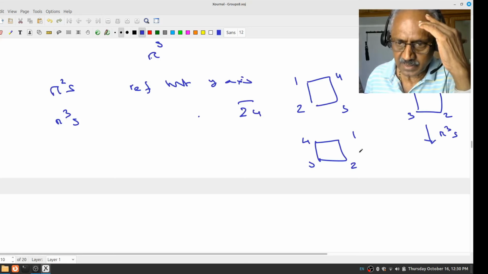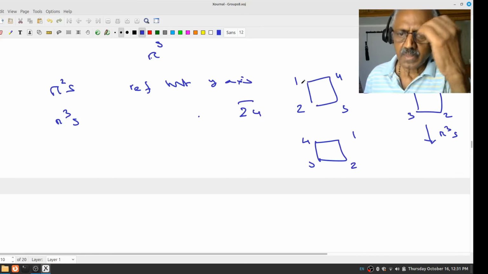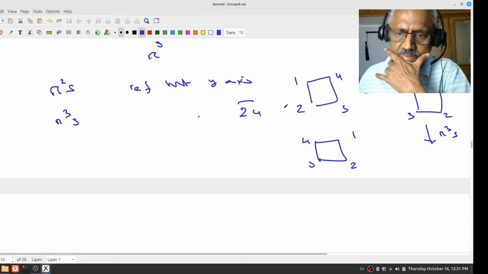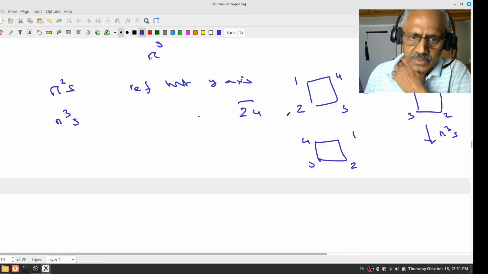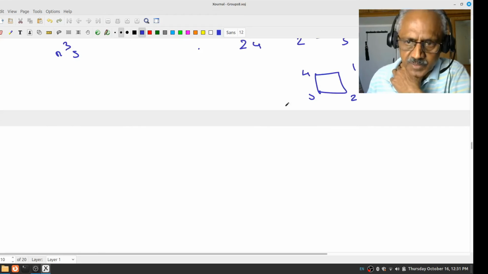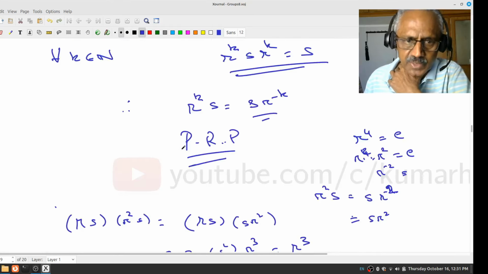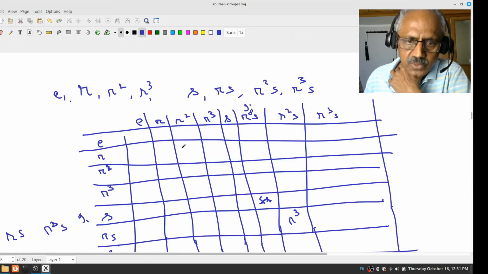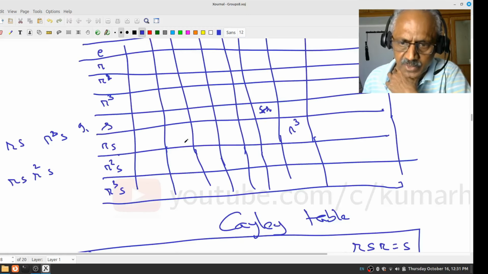So it's correct. And 2 under R goes here, under R squared it goes here, under R cubed it goes here. Just make sure you are following. But let us quickly go through that. So R squared s into R cubed s, we have found it. It is going to be R cubed.